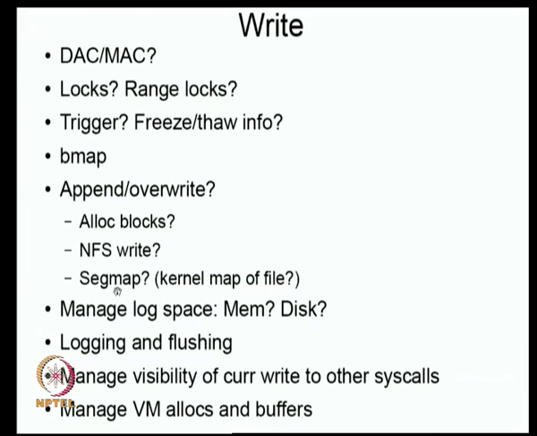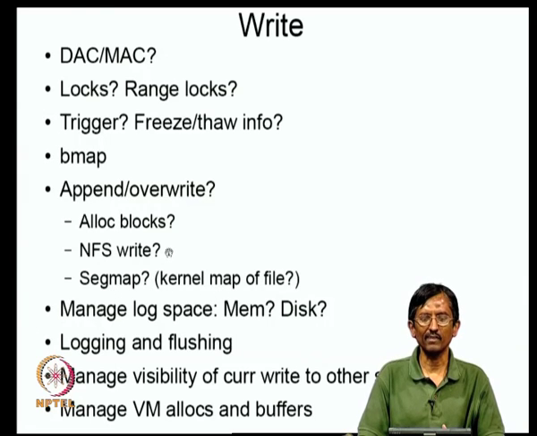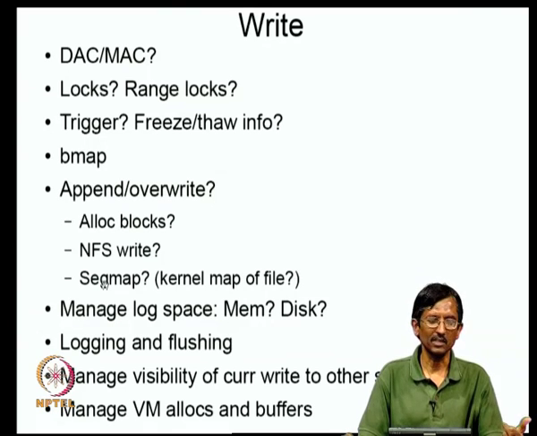Again, all this segmap etc. means that you are now actually using virtual memory subsystem calls to implement this. So this is another example of how the file system is very tightly connected with the virtual memory subsystem, and as part of writing it, you might actually suffer a page fault, and now again you will enter the VM subsystem, because that has to be handled by the kernel.